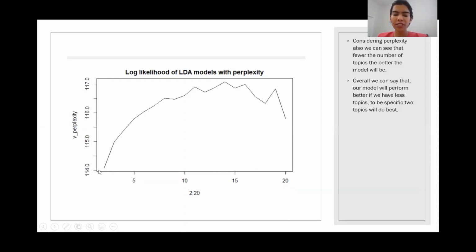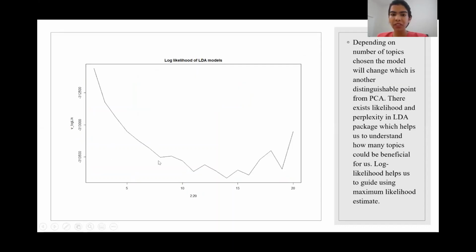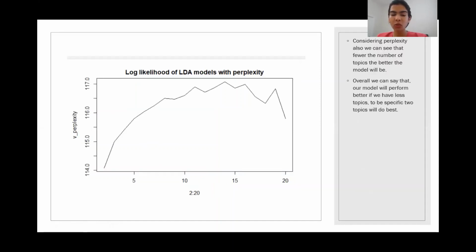So perplexity and log likelihood are giving us almost the same indication, that fewer topics are better. So we can say that the number of topics as 2 would be beneficial.